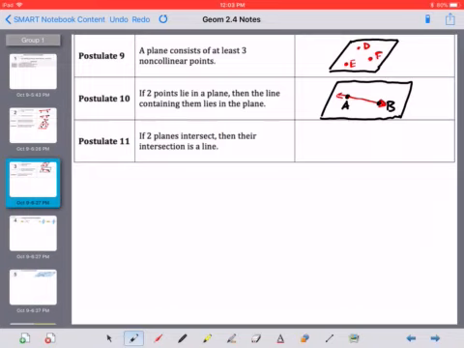All right, postulate 11 is kind of difficult to draw, so bear with me here. If 2 planes intersect, then their intersection is a line. Here's how you can draw that. I encourage you to use a pencil for this one.